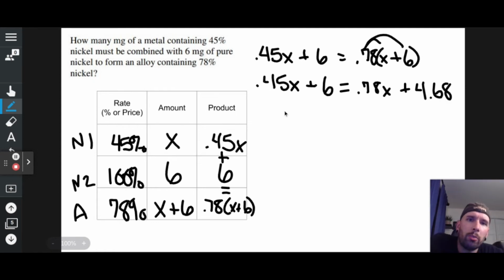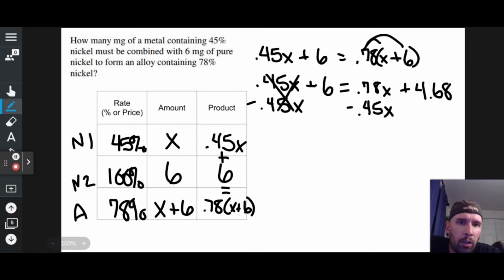I always like subtracting the smaller number when I have a variable on each side. So I'm going to subtract 0.45x from both sides, cross out, and that's going to be 6 equals 0.33x plus 4.68.